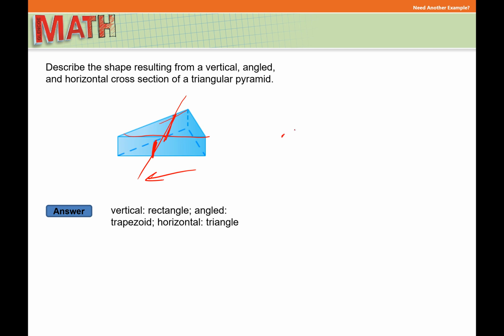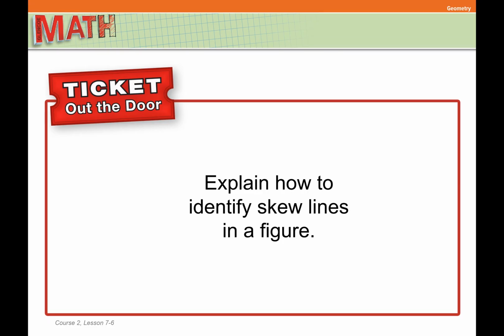So I can imagine, again, that shape being like that. And then if I take a horizontal slice right through that way, we're going to see, obviously, a representation of whatever my bases are here, which are triangles. Well, we've learned how to identify three-dimensional figures and what it's like to take a chop right through them and see what shape you would get.